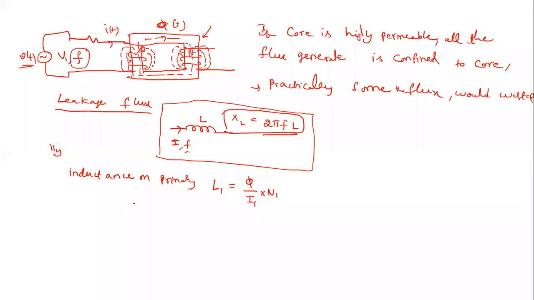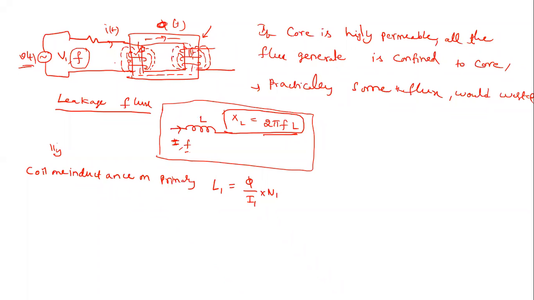This is the inductance on the primary side of the transformer. L1 I am calling for this coil, coil 1. Coil 1 inductance on primary is given by flux per unit current.